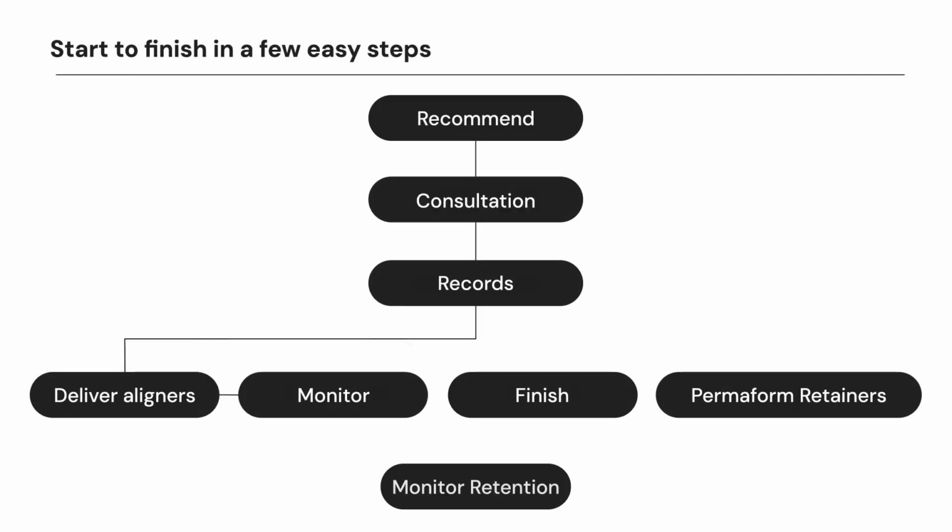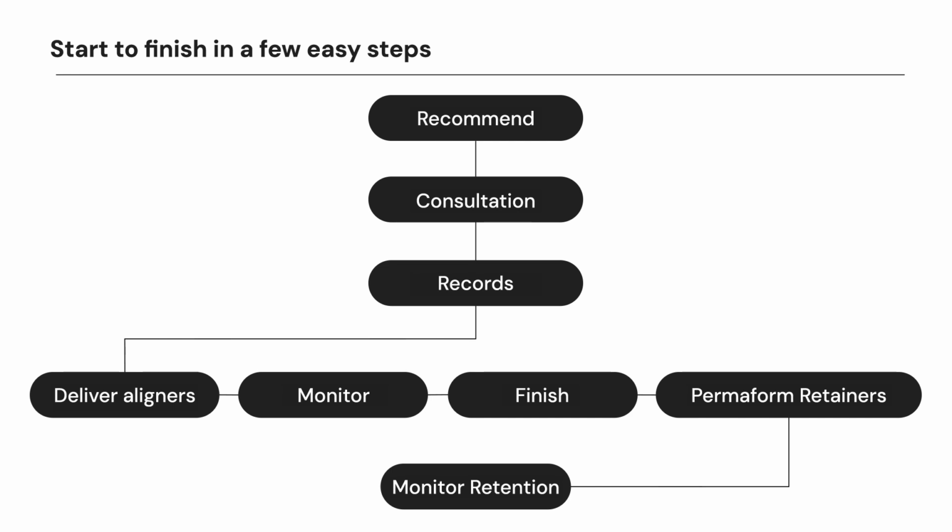But right now, I want you to take all this stuff and put it aside because I want you to think of the steps and how easy they are for you to be able to do this. What do you do? Well, first you sit down with your patient and you recommend that they need to get their teeth straightened, and that will lead to a more in-depth consultation. May happen at the same time as your recommendation.